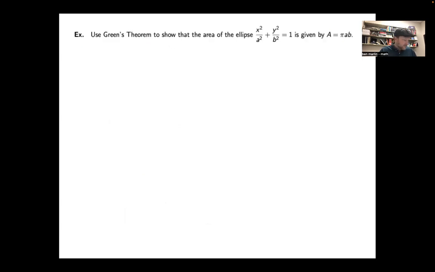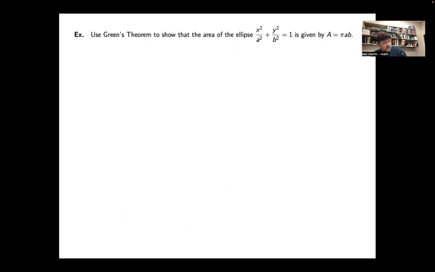Okay. So we are going to use Green's theorem here. And the thing that we're going to see is that with Green's theorem, often you will have an integral one direction or the other.